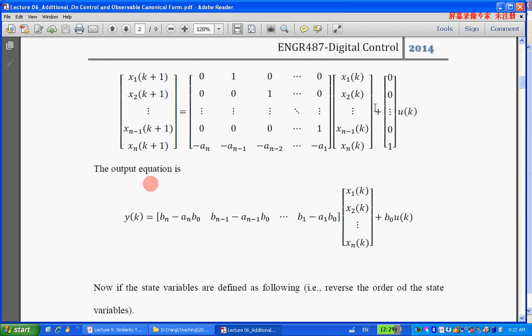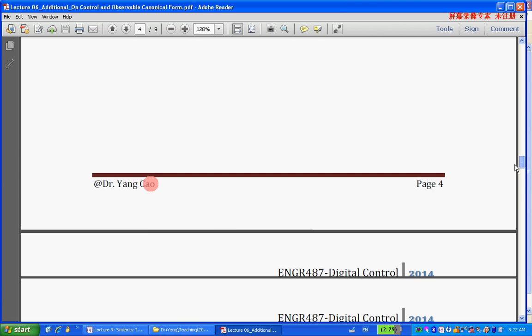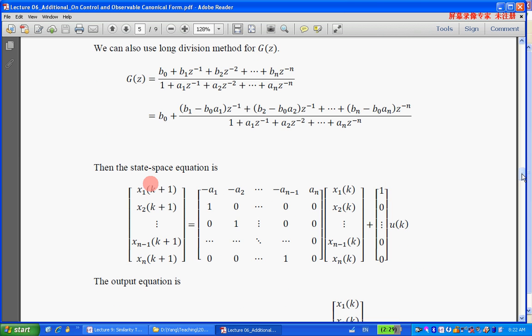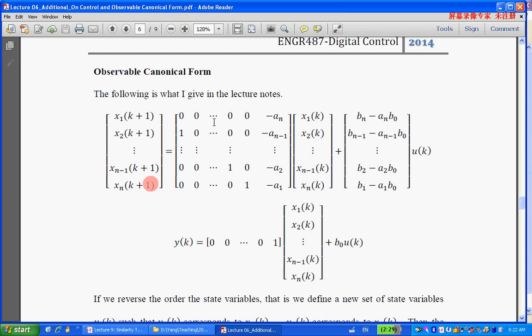This is called control canonical form. You see, this is matrix A here. And if you take inverse of this matrix A, we get this, which is the observable canonical form.